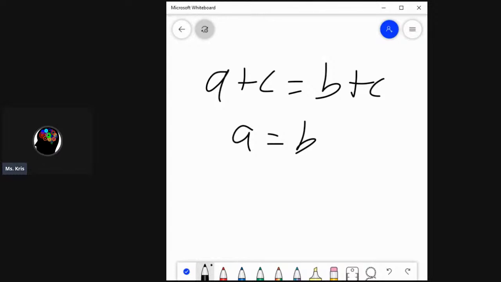Same goes for subtraction property of equality.